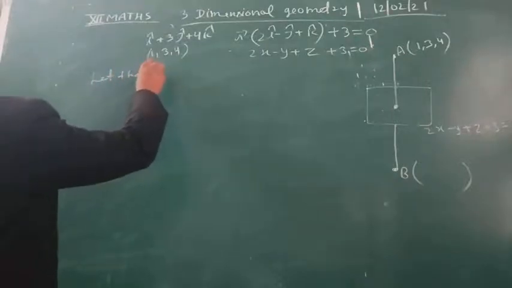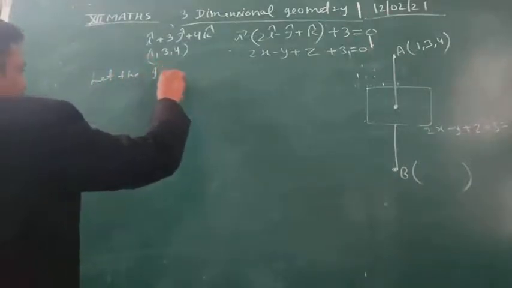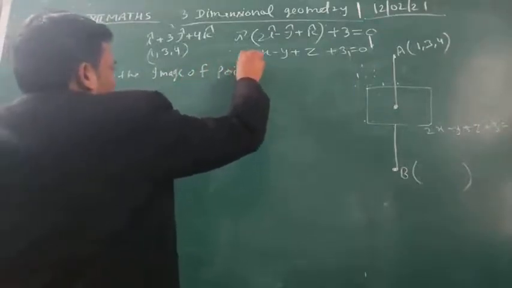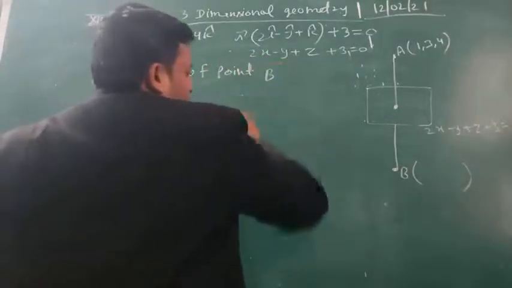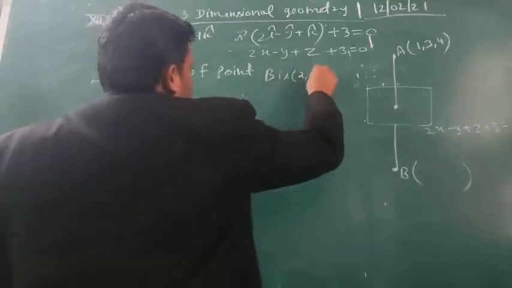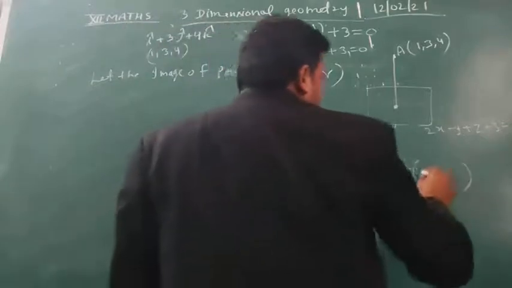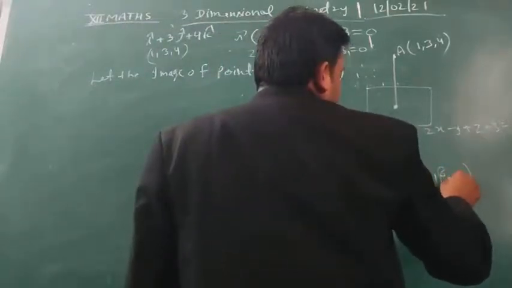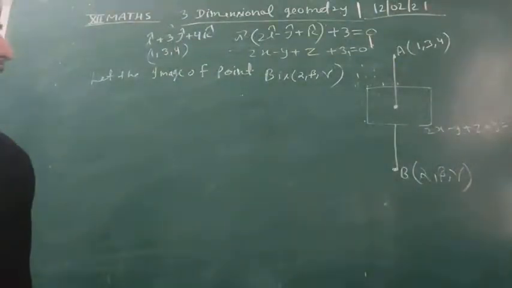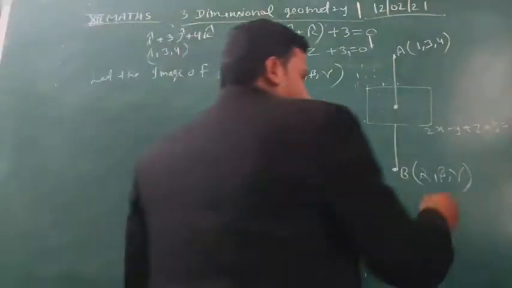Let the image of point A be B, with coordinates alpha, beta, gamma.